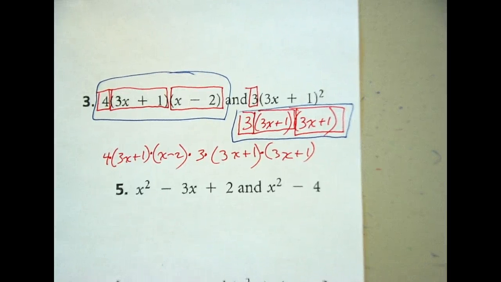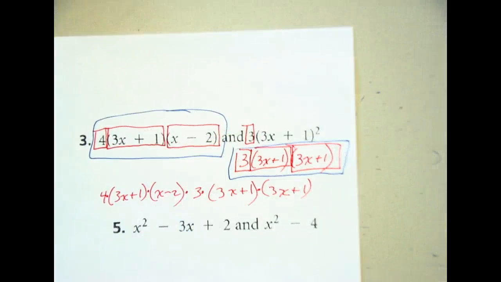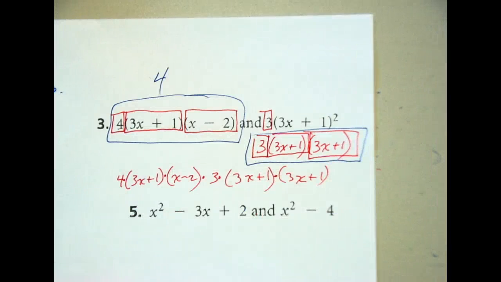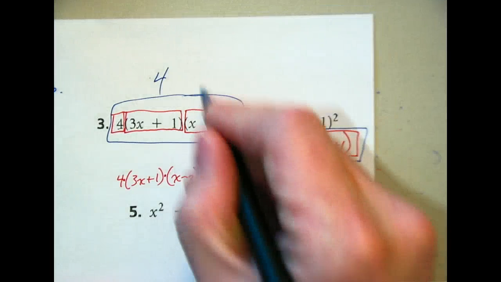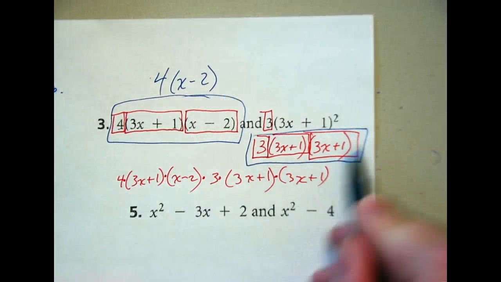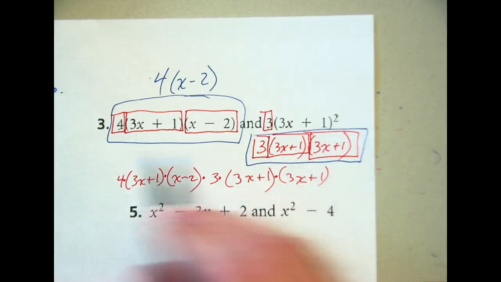What are my commons? 3x plus 1. That means when I start writing down the least common denominator, I take the 4, okay, and I take the x minus 2. Why? Because neither of those appear over here. Are we good with that?